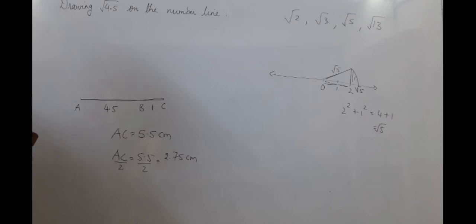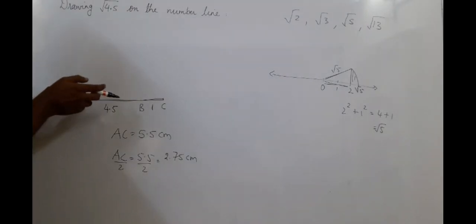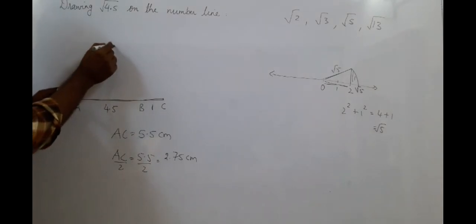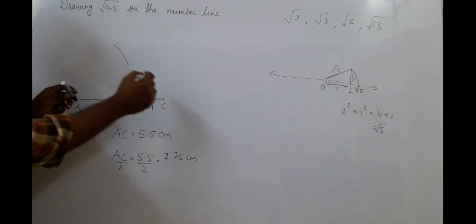So you must have done construction. If you have not done, I will show you a technique how to find the midpoint. Taking your rounder, yes, you will use your rounder by putting the point over here, and with any radius you draw a curve. So you draw a curve using the radius in the rounder, a curve.